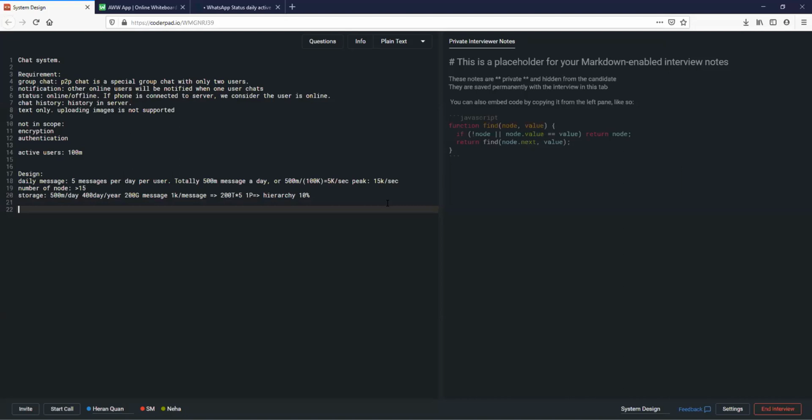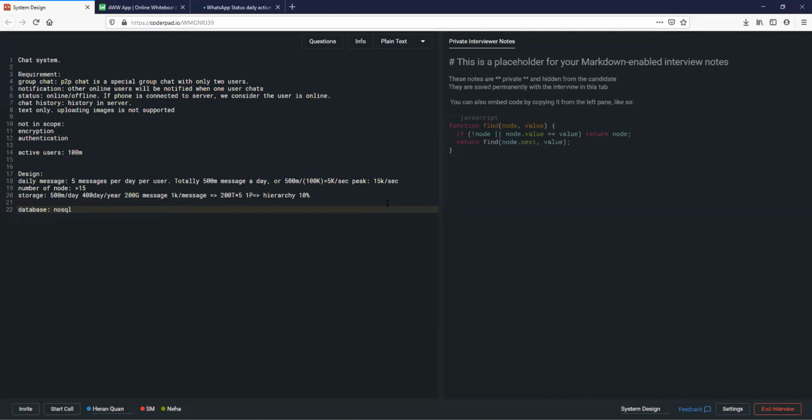Okay, we have the storage, we have the users, and we can start. So why did you say NoSQL to store this data? This is the proposal. I think we need to talk about it during the discussion because we are not very clear.